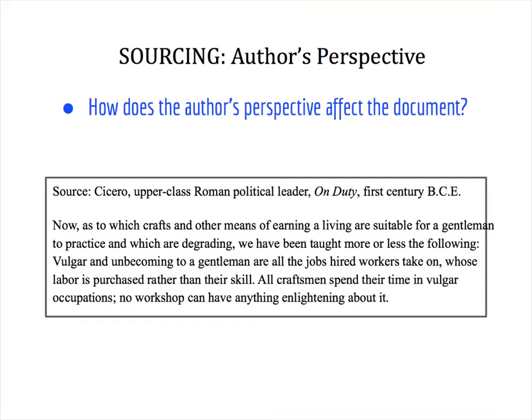In the same way that who we are affects our understanding of the world around us and how we might portray that understanding in writing, a historical person's understanding of an event or development will also be affected by who they are. For this document on screen, you may or may not know who Cicero was, but you do know that he was a high-class person who served as a political leader and who wrote a book. So how might Cicero's position as an upper-class person and a political leader affect what he's written?